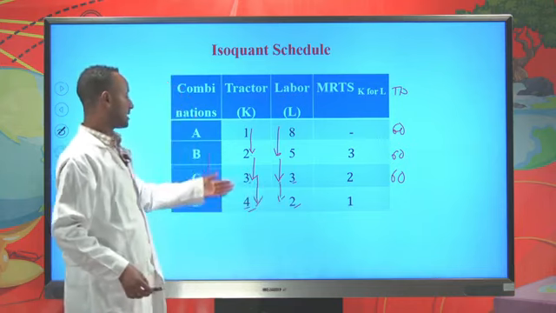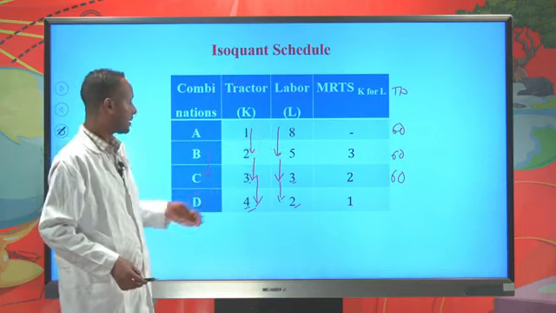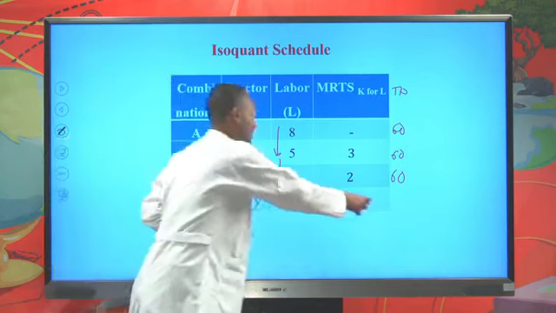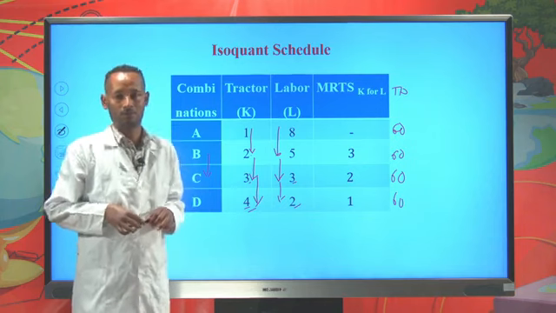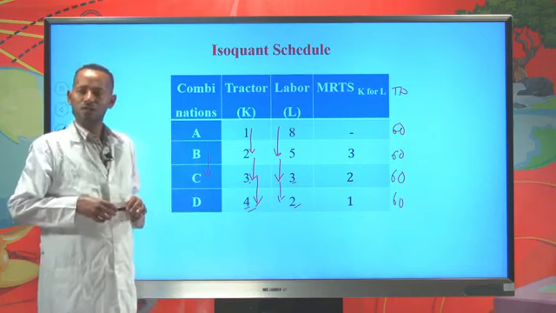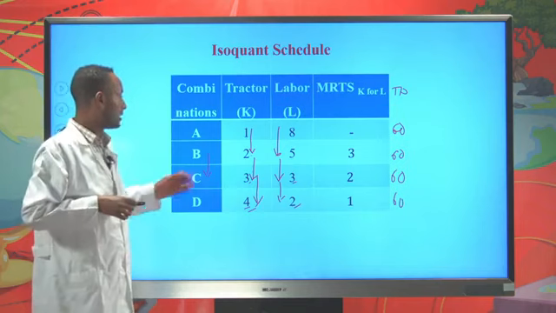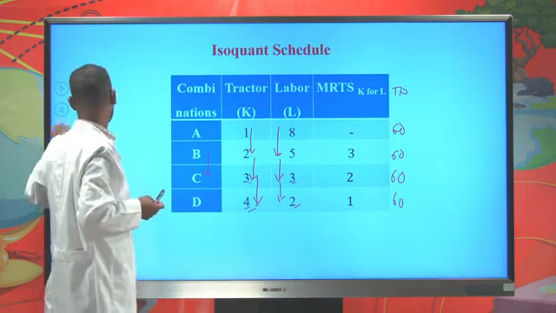So, the farmer gets 60 quintal of wheat from 3 tractor and 3 labor, and at the same time 60 quintal of wheat from 4 tractor and 2 labor. So, this isoquant schedule shows the various combinations of two variable inputs that give the producer an equal level of output.